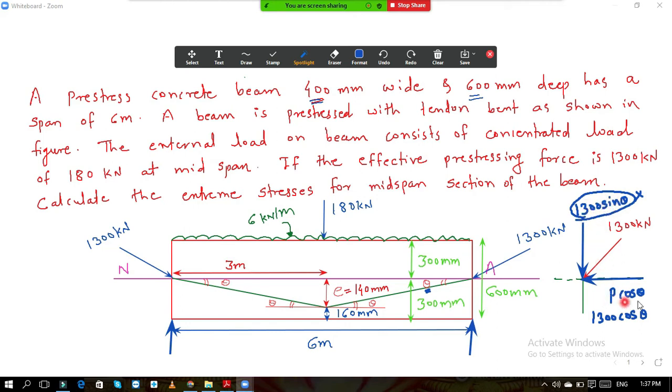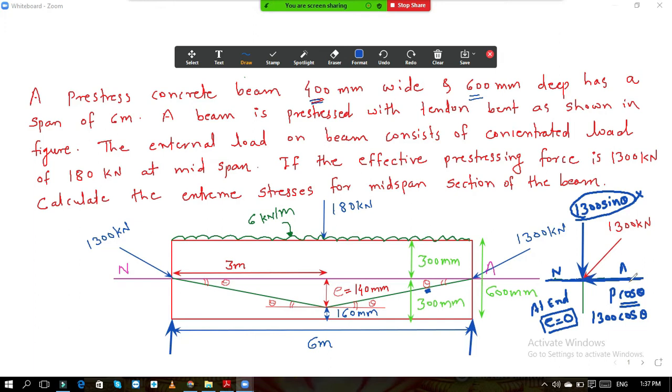But this P cos theta is perfectly horizontal and it is on the neutral axis. So the eccentricity of this P cos theta at the end is 0. There will not be any additional moment P into e acting on this beam because P cos theta coincides with the neutral axis.